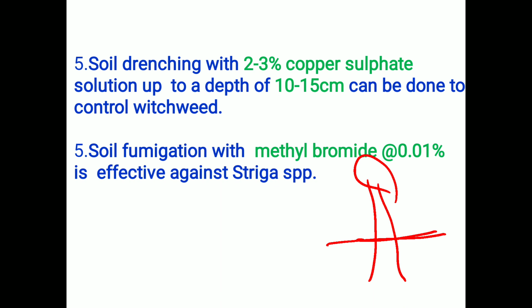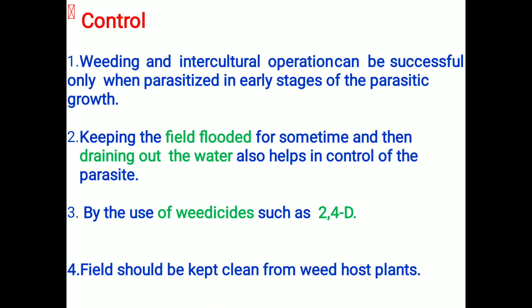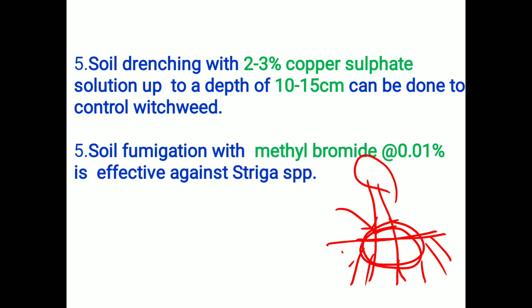We have to dig a small pit around the root zone, and we have to apply the solution, that is copper sulfate, around the root zone, so that the copper sulfate enters inside the soil, and whatever Striga seeds are present in the soil are completely destroyed due to the copper sulfate solution.